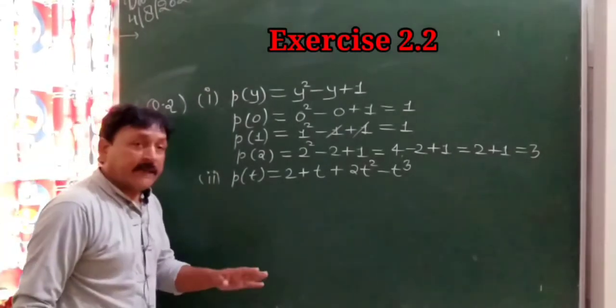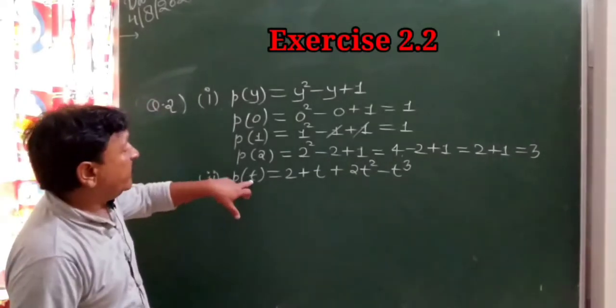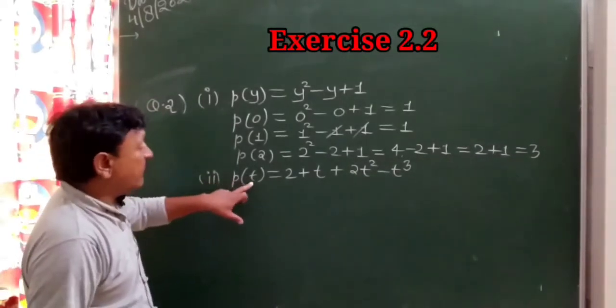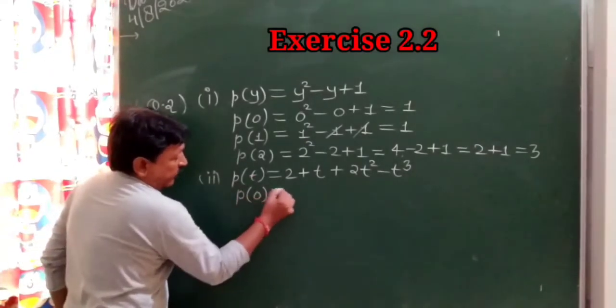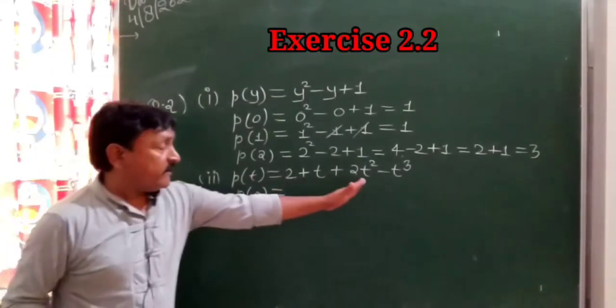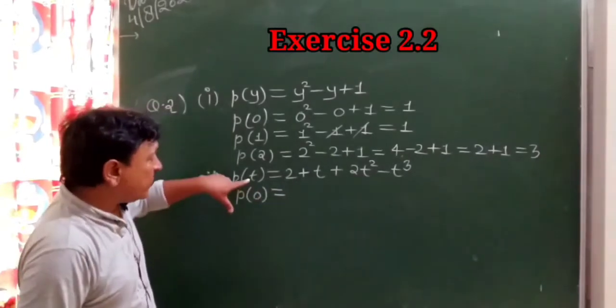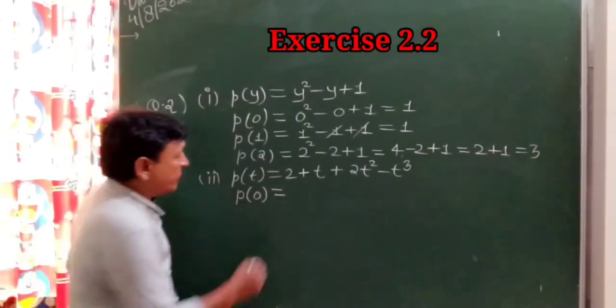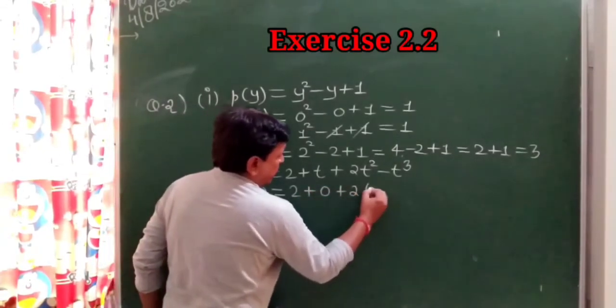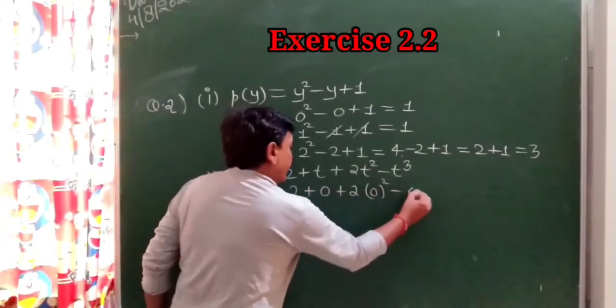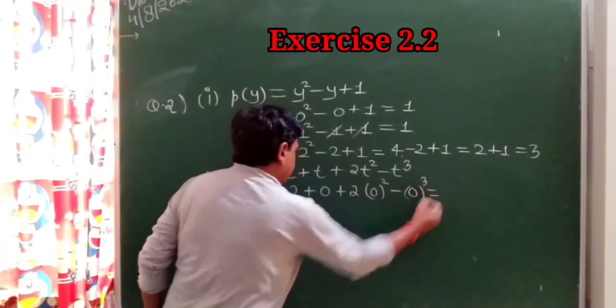So we have to do the same thing. First of all we will find out P0, then P1 and then P2. Okay, first P0: in this whole expression, everywhere in place of t what will come? 0. 2 plus 0 plus 2 into 0 square minus 0 cube.